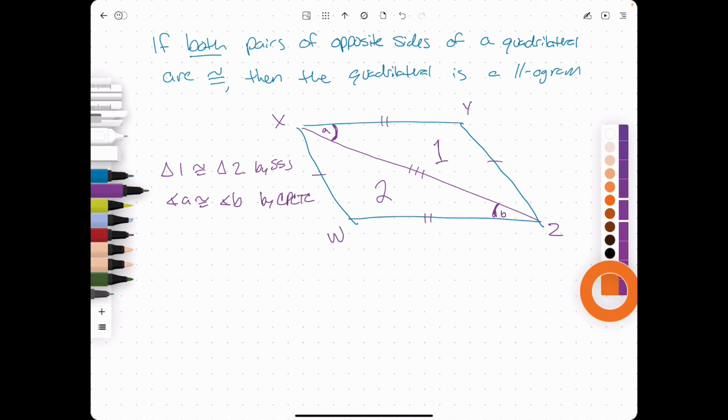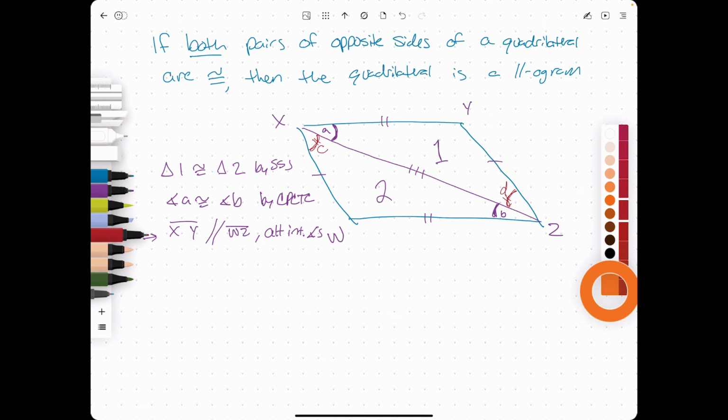Because I have that, I can then say that XY is parallel to WZ because of alternate interior angles. Does that sound familiar? I can do the same exact setup for the opposite pair of sides, saying angle B is congruent to angle D, again because of CPCTC.